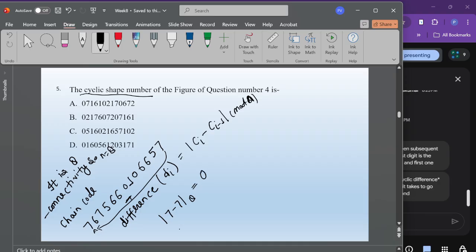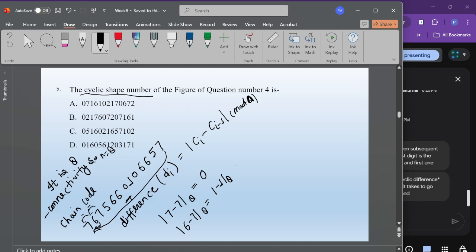Now next one is 6 minus 7, because we will take the difference like this. So 6 minus 7 mod 8, so here minus 1 mod 8. It is mod 8, so it is not minus 1; we can't represent it in this one.